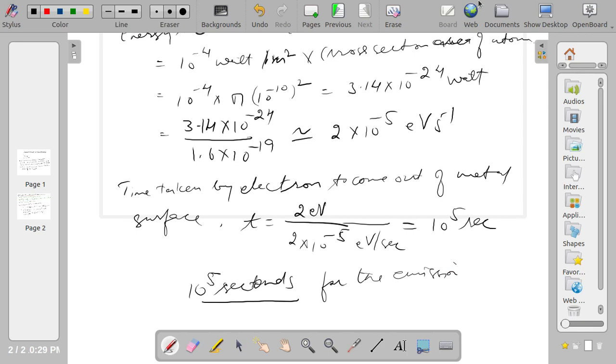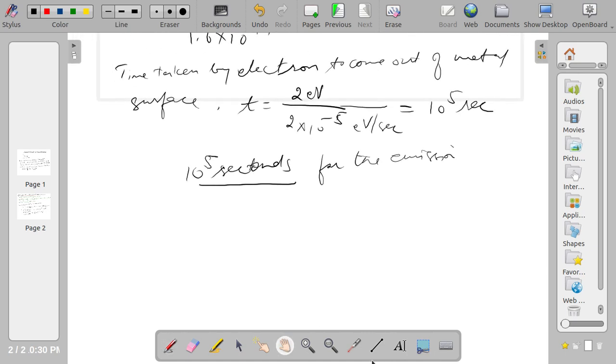And if we convert 10 raised to power 5 seconds into hours, how many hours will it take?